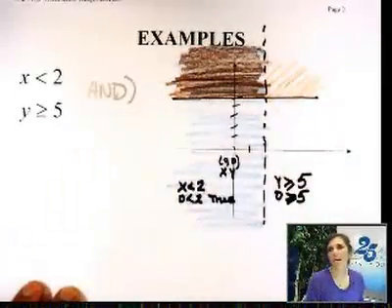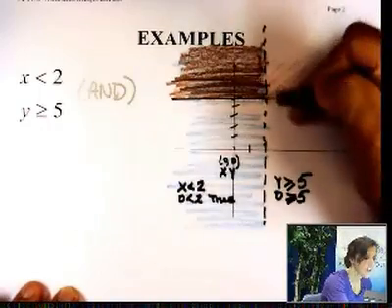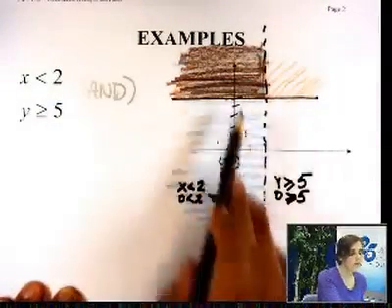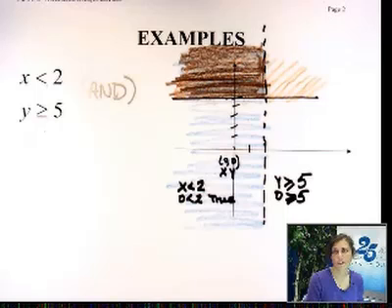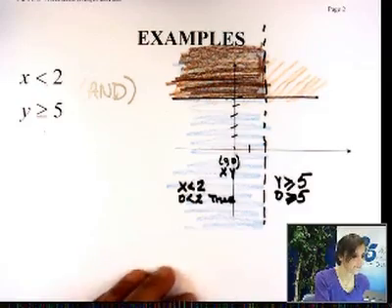What is the meaning of shading? The meaning of shading is, that means any point that I take on this thing is going to satisfy this equation and that equation, that inequality. So that's what shading means. Everything in that region is included. Very good.